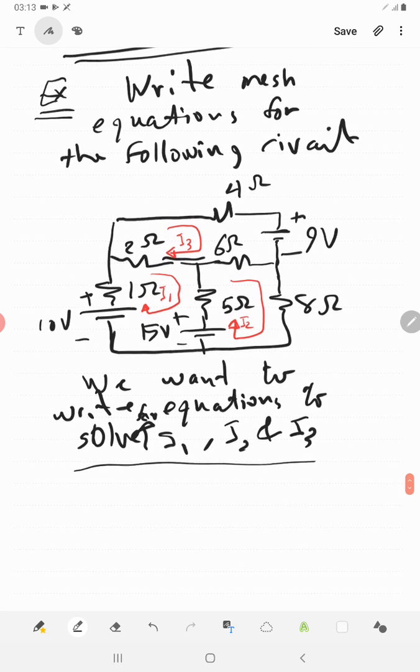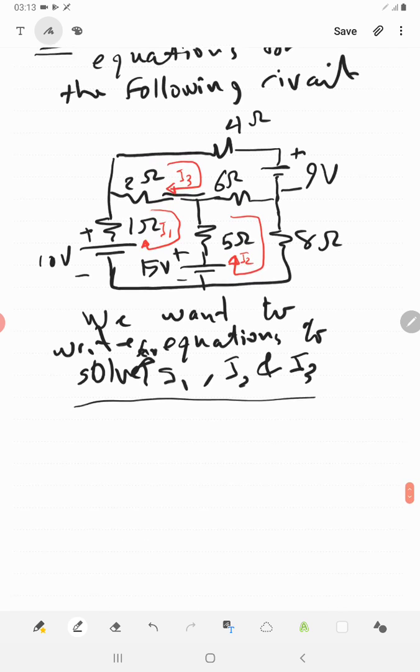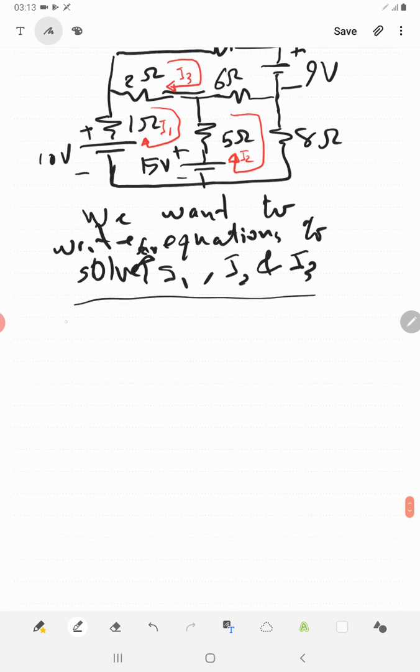So in the question here, in the example, write mesh equations. Only write them, I don't want you to solve. Just write the equations. So I say loop I1. For loop I1, we sum all of the resistors in the loop. We have the 1 and the 2 and the 5.